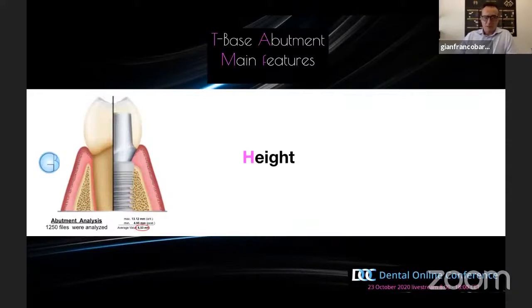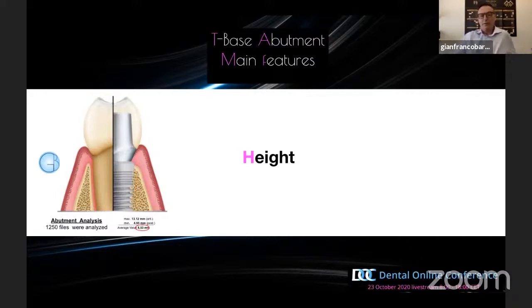A study demonstrated that the average height of a crown and abutment restoration over an implant is about 8.53 millimeters, and this is really important for the bending effect and resistance of the restoration on the implant.